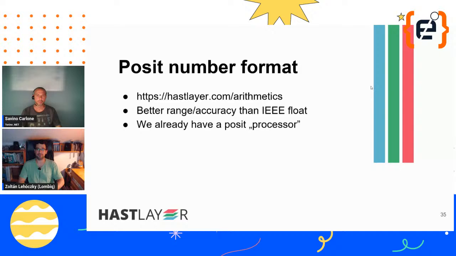And since this was made in a Hastlayer compatible way, actually the whole thing with the push of a button is available in a hardware format as well. So we kind of created a number format and at the same time a processor that supports that number format.